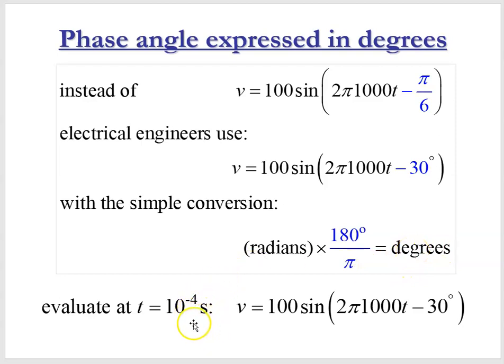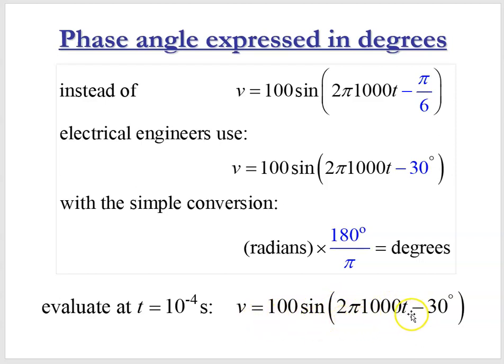So pause this video and evaluate, using your calculator, at t equal to 10 to the negative 4 seconds, that's 100 microseconds, what the voltage value would be at that time for this voltage function.